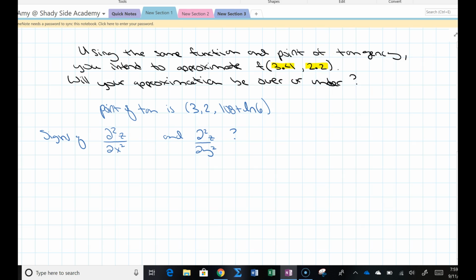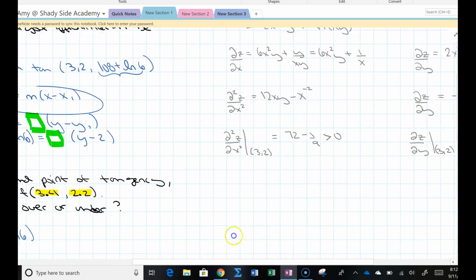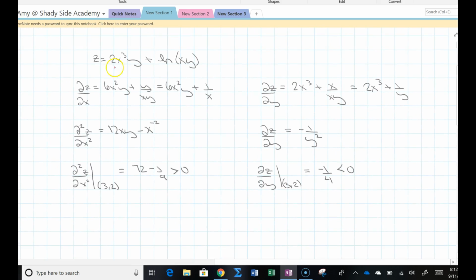Okay, let me go ahead and find those second derivatives and I'll replay myself. Okay, so here over to the side, what I did was I took the relevant first and second derivatives and then evaluated both of those at the point of tangency. And I just realized I lost a little d squared z by dy squared and d squared z.